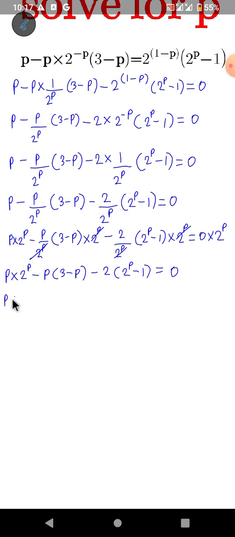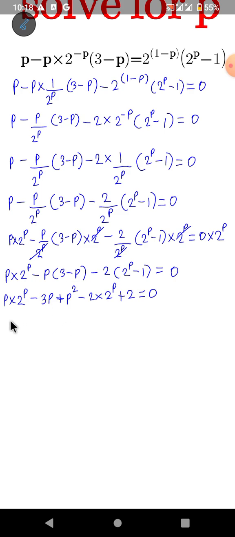I'll say p multiplied by 2 raised to the power of p, minus p multiplied by this, that will give us 3p plus p square. Then we have minus 2 multiplied by 2 raised to the power of p, then plus 2, all equal to 0. Then my next step now will be to collect like terms.